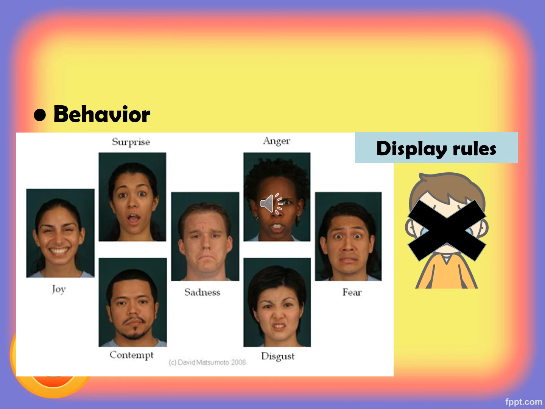All these are actually part of the expression. So past studies found that there are 7 universal basic emotions, which means regardless of whether you're American, African, or Malaysian, you will express the same. For example, when you're feeling happy, you will laugh.